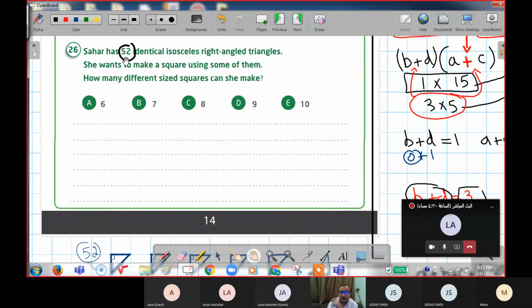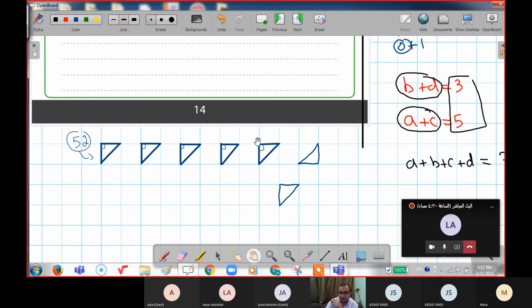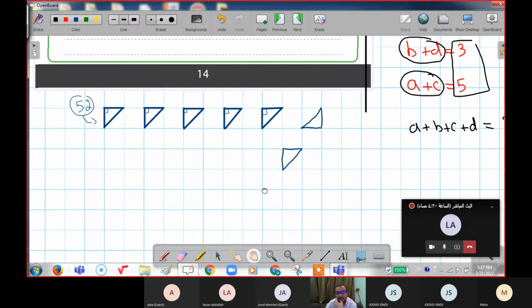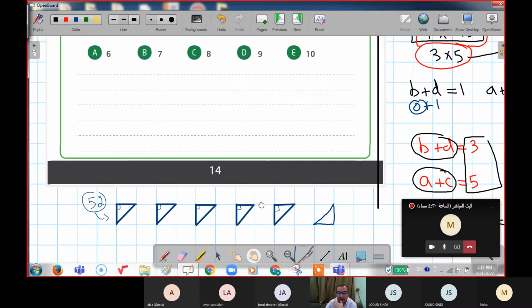So Sarah has 52 identical right isosceles triangles. She wants to make a square using some of them. So the question is, how many different size squares can she make? Any idea, Layan?